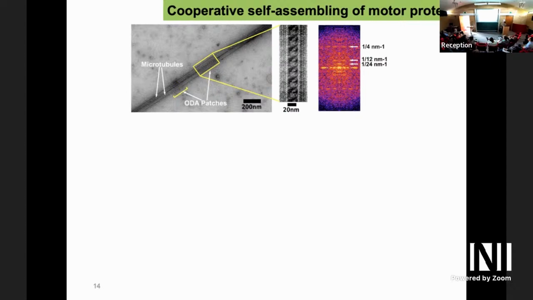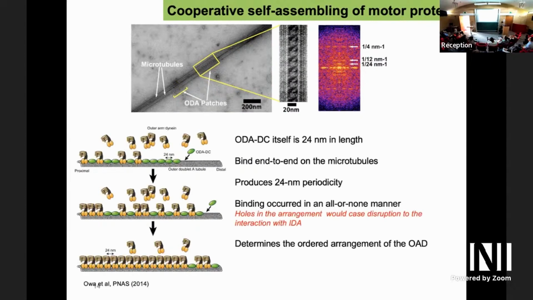The reason for this is that we extract the motors together with, as I told you, the docking complex. And this docking complex is 24 nanometers long. Normally in the cells, the docking complex and the proteins are transported from the cytoplasm to the cilia or flagella separately.